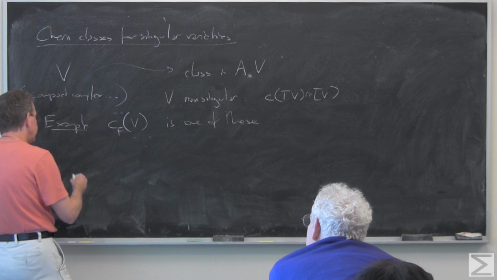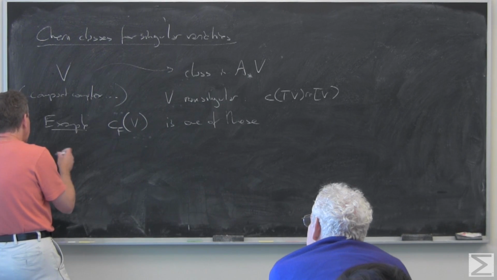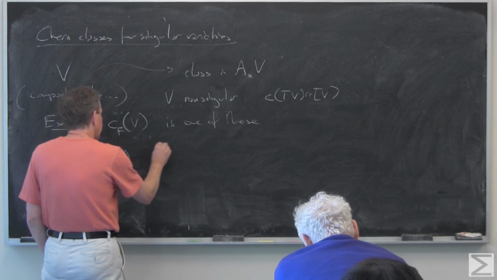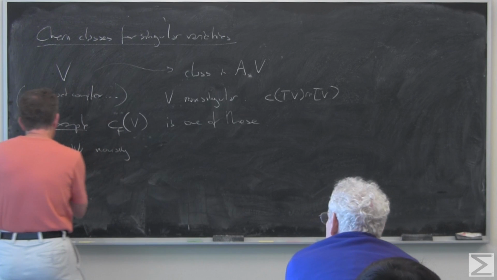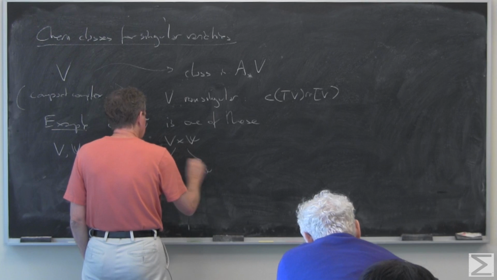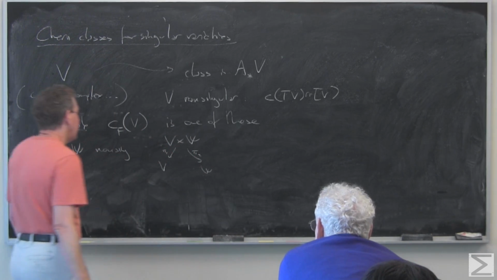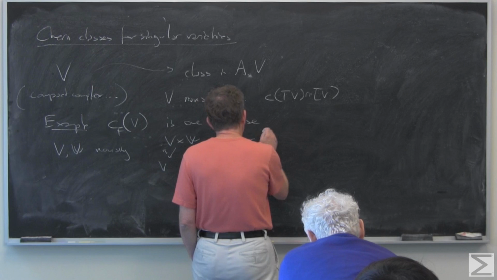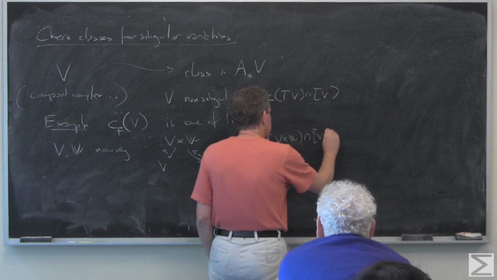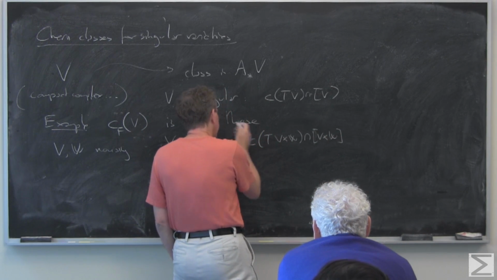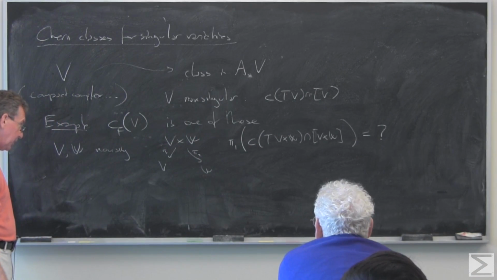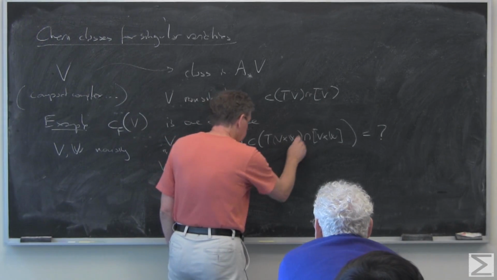It's a little bit of a longer story than we have time for, but as a motivating example for the definition, let's look at what happens if I consider V and W both non-singular, and the projections from the product. Let me ask you what you can say about the Chern class of the product after you push it forward to, for example, the first factor. This is a nice, straightforward computation.